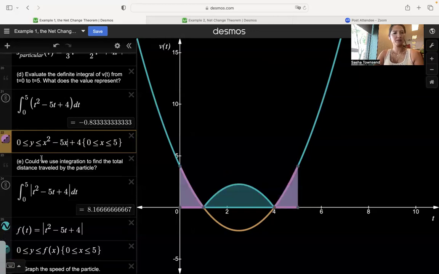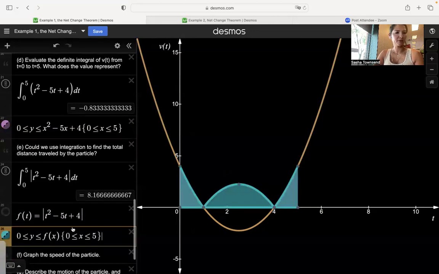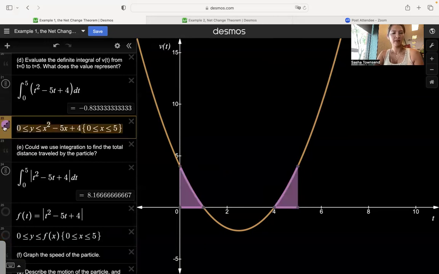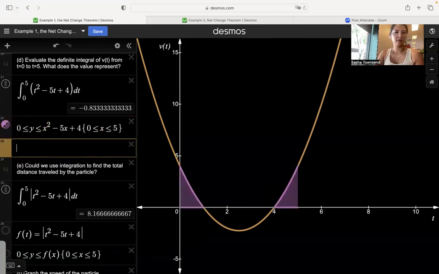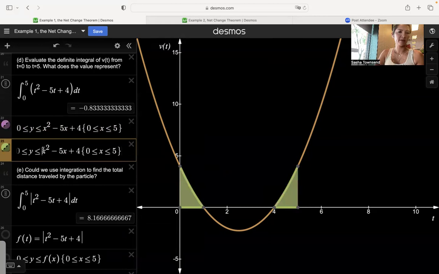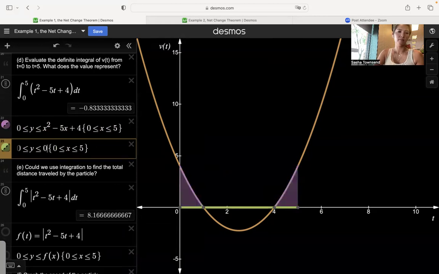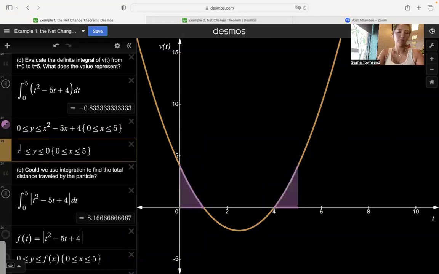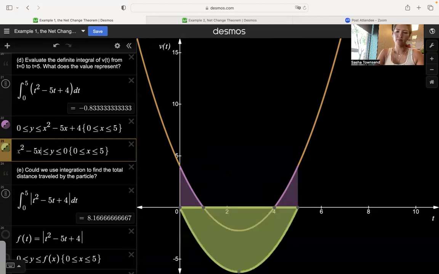We have to use X because for some reason Desmos doesn't like V of t today. So we've got that on that interval, and then I also want the area between the function on the other interval as well.